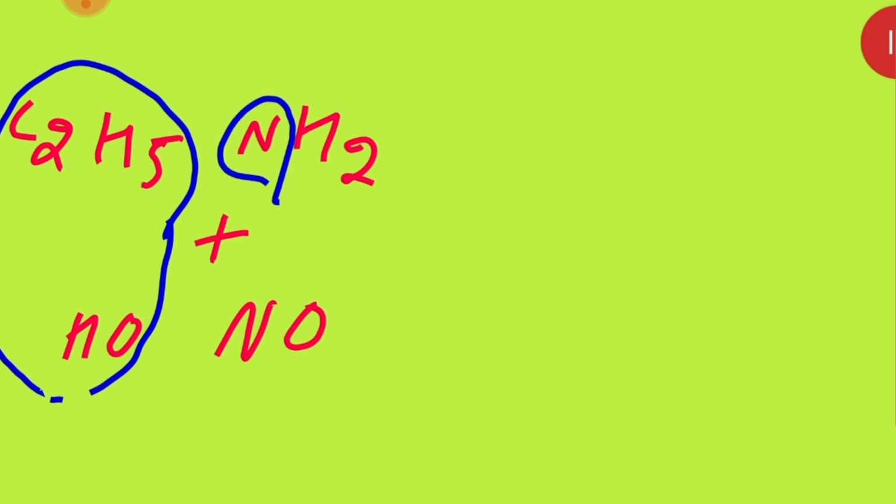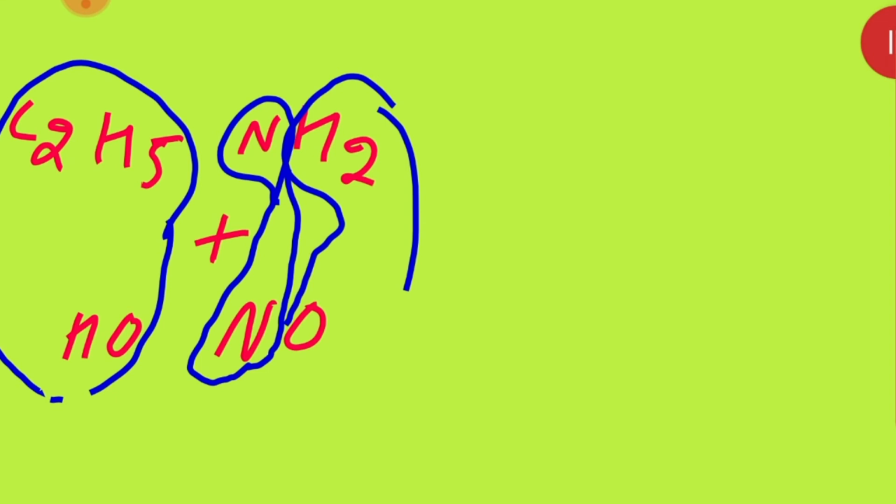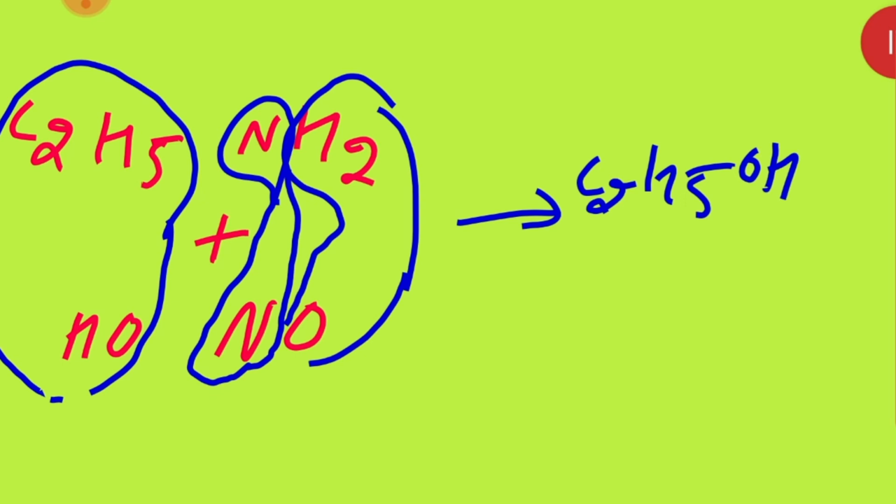Okay, then students, what we are doing: C2H5OH, then there is N2 and H2O. Direct reaction like this we can do: C2H5OH plus N2 plus H2O.